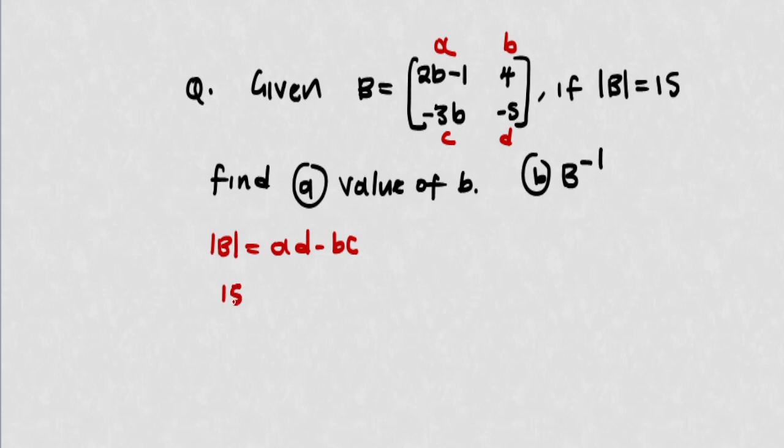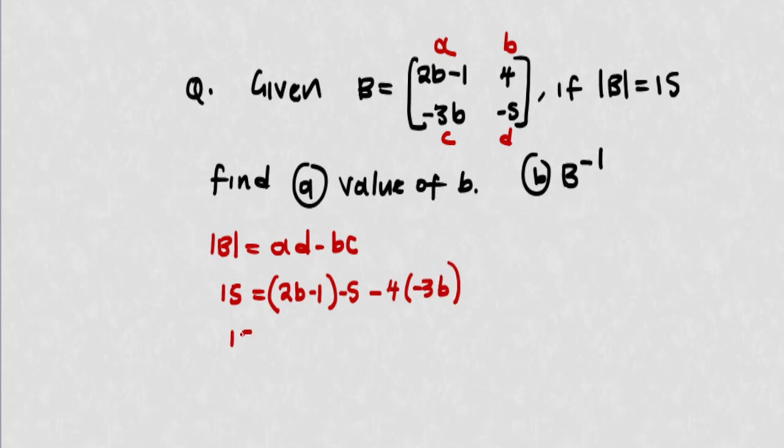So where there is determinant, I put 15. Then where there is A, it's 2b minus 1. Then where there is D, I'll use brackets because those two are multiplying. I'll put negative 5. Then I'll now say minus, our B is 4. Then the 4 is multiplying by our C, which is negative 3b.